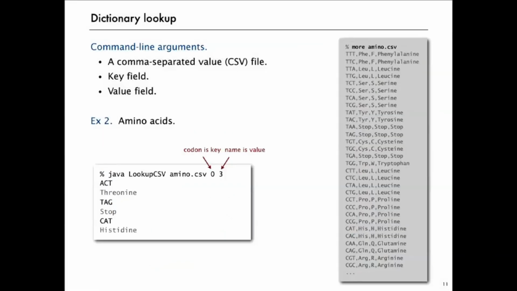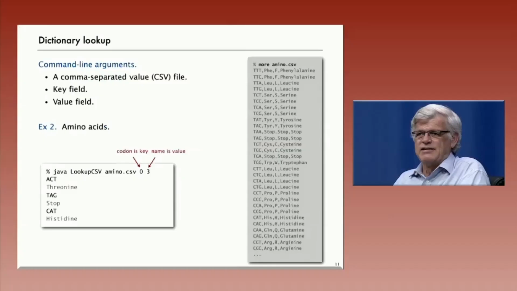For example, here's another CSV file from biology that deals with amino acids and codons and names. In this case, the first field is 3 letters from a DNA sequence, which represents a codon, and certain codons have names. That's the amino acid. So TCC is called serine and so forth.